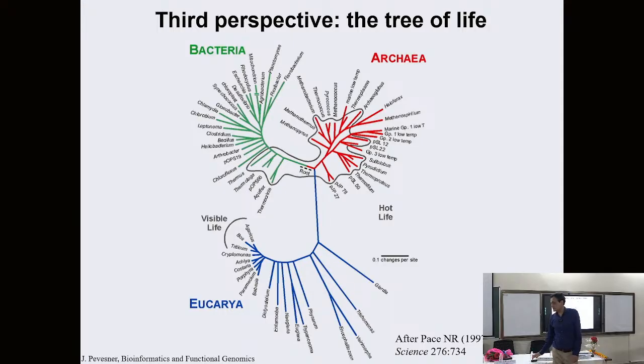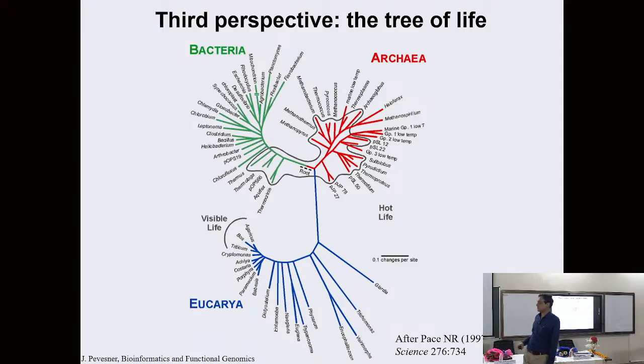Through this tree of life, we now know that there are 3 domains of life, and we know it because of the efforts of evolutionary biologists. They compared the nucleic acid or protein data of many different organisms, and came to the conclusion that there are 3 domains of life: bacteria, archaea, and eukarya.